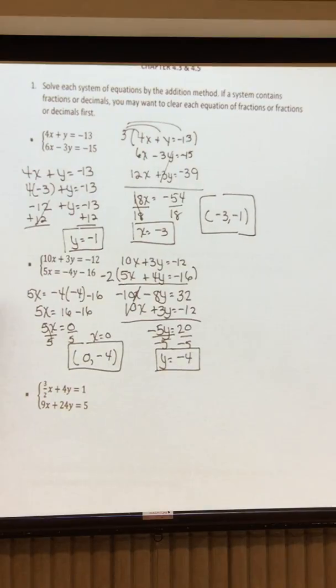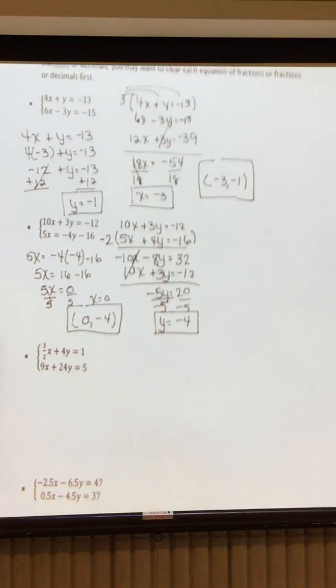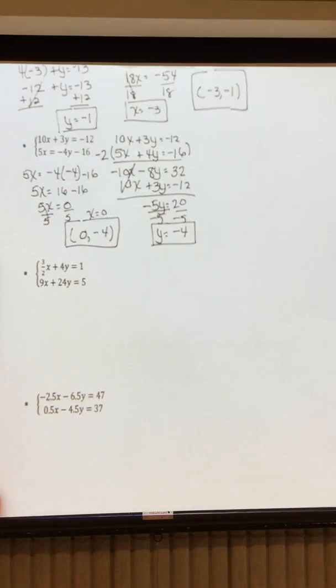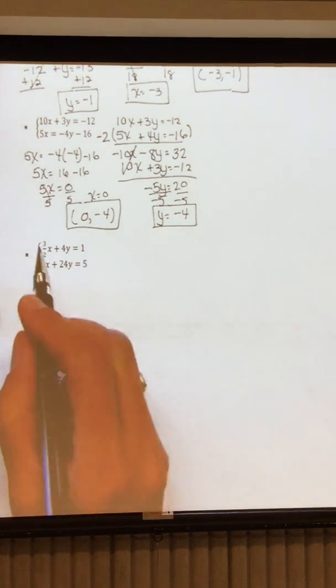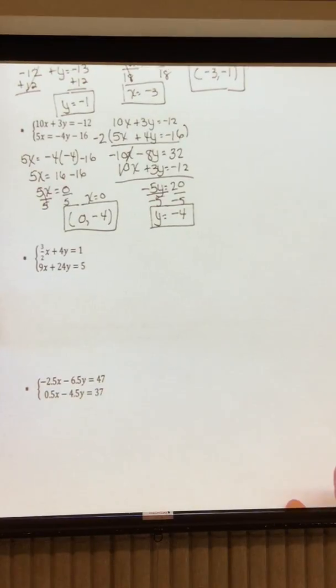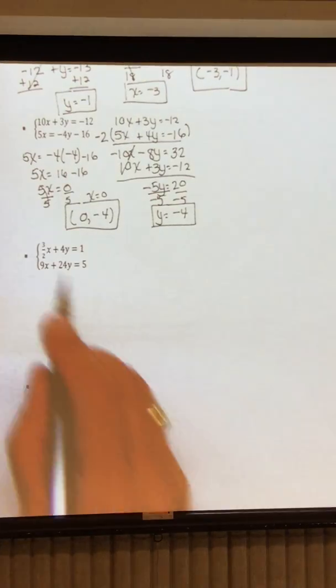Going to our third problem, we have 3 over 2 x plus 4y equals 1, and then 9x plus 24y equals 5. Let's first get rid of this fraction by multiplying the first equation by 6.